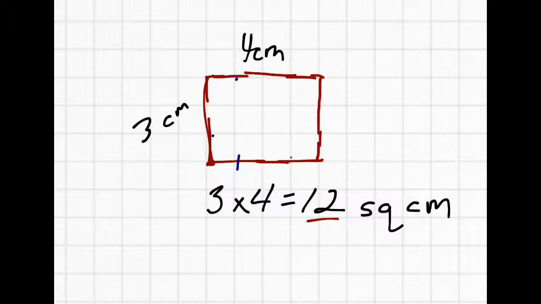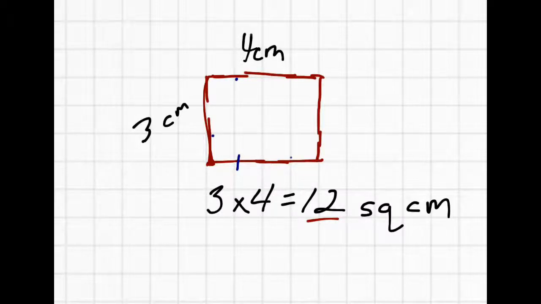It's still 3 units high and 4 units wide, and we're saying that these are centimeter units. I can still use 3 times 4 equals 12. Even though I don't see the array, I can imagine that it's still there. It's 3 units high, 4 units wide. I can imagine that it's 3 rows with 4 in each. That's still pretty easy to see because I still have that grid paper there.